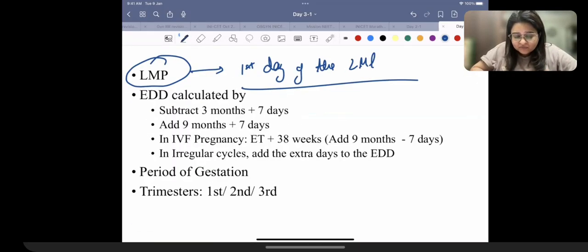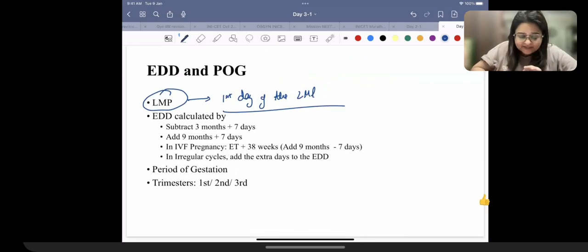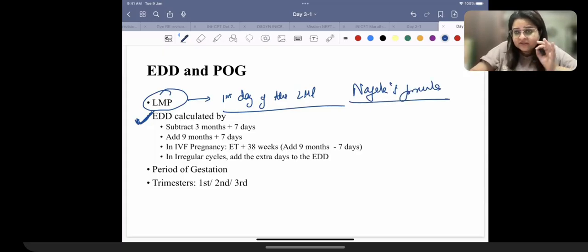Now coming to how to calculate the estimated date of delivery. Estimated date of delivery is calculated by Nagel's formula. Nagel's formula says that to the first day of the last menstrual period, you have to add 9 months plus 7 days. ठीक है?